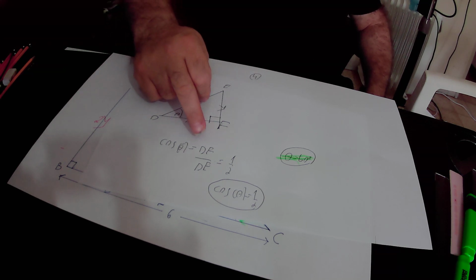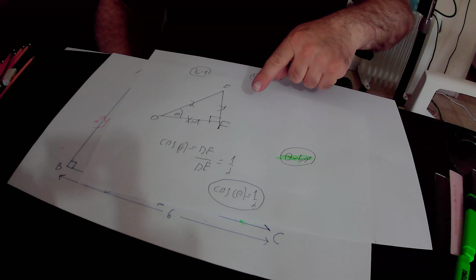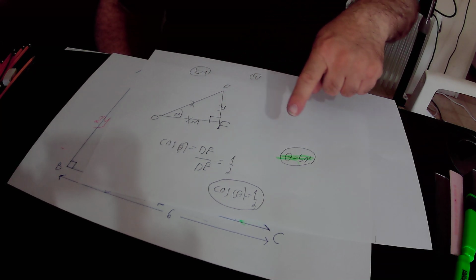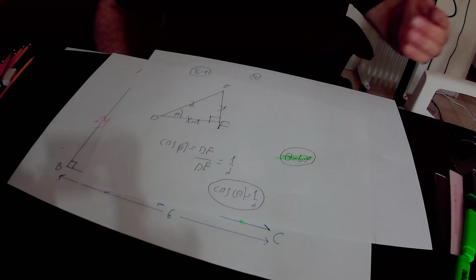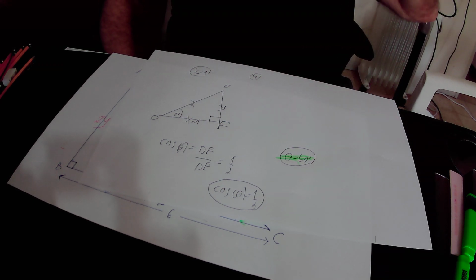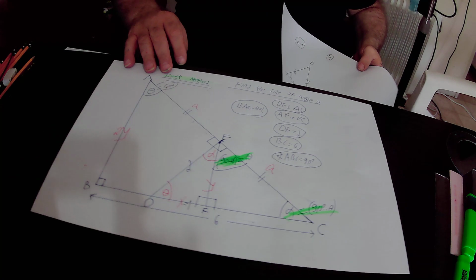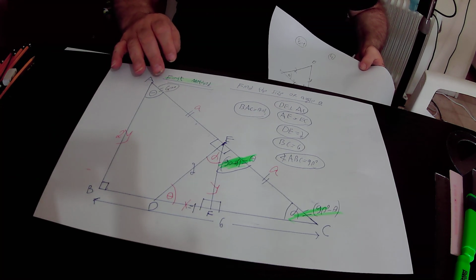So DF equals 1 and ED equals 2. So cosine theta equals 1 over 2. And if cosine theta equals 1 over 2, it means that theta itself equals 60 degrees. So we found out that the size of angle theta is equal to 60 degrees.